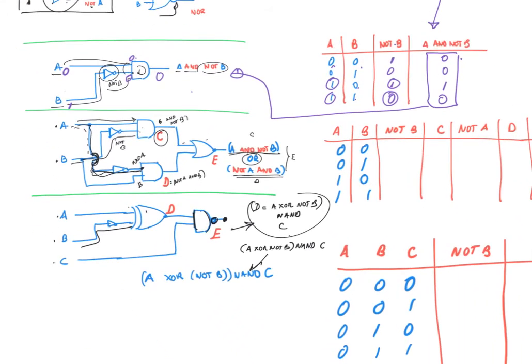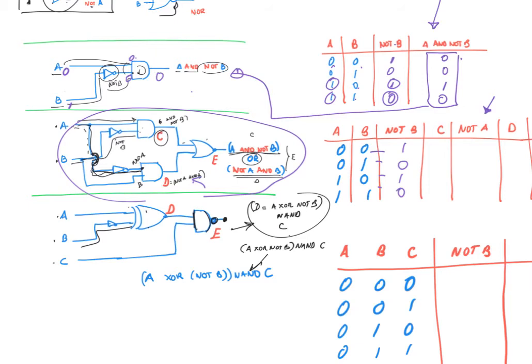With this, I can check and see how this circuit works. Okay, now let's do this one. This is more complex. I'm going to use the truth table, I'm not going to go through all the circuit here. So not B is 1, 0, 1, 0. I'm just doing the NOT of this.